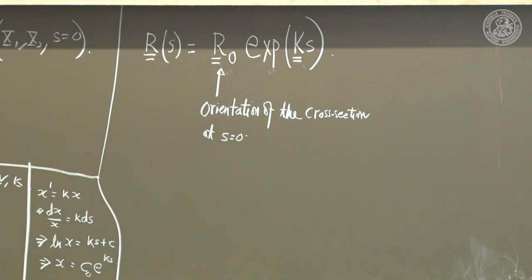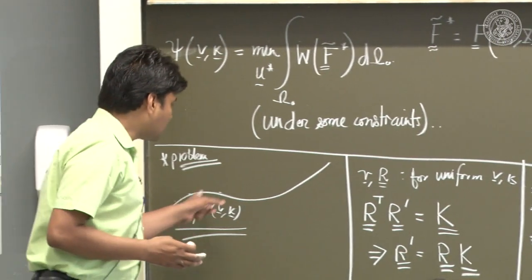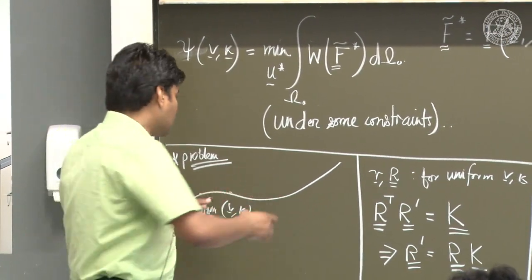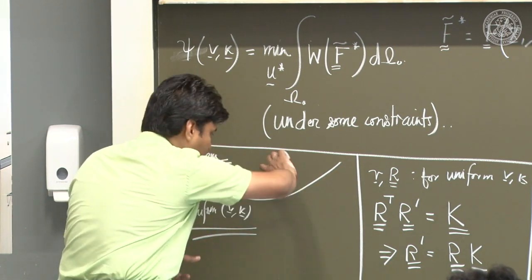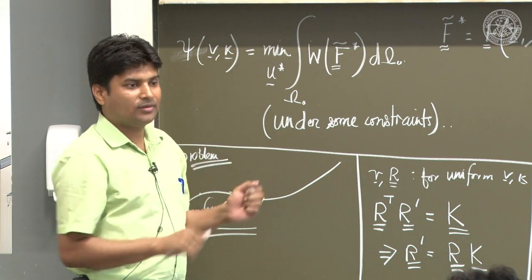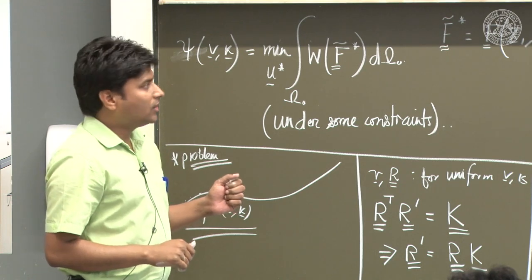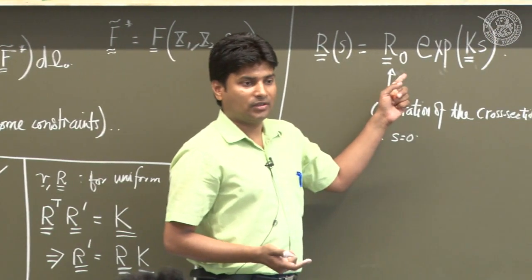Now, you see you had this rod which was subjected to same V and K, and we want to get little r and capital R. Won't we be fine if we get a configuration which is a rigid rotation of this one, because you just want to get how it is deformed. I mean, can we set this big R naught equal to identity?